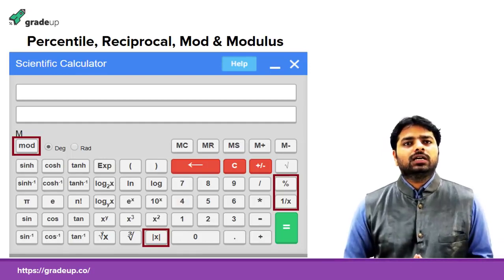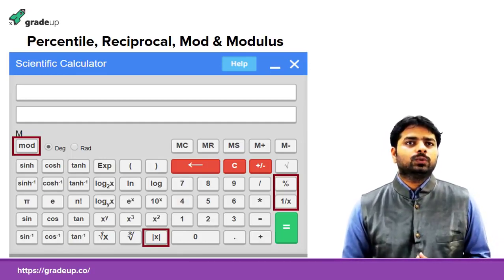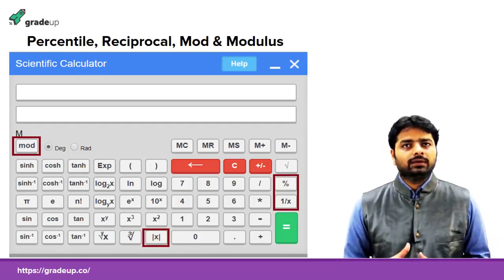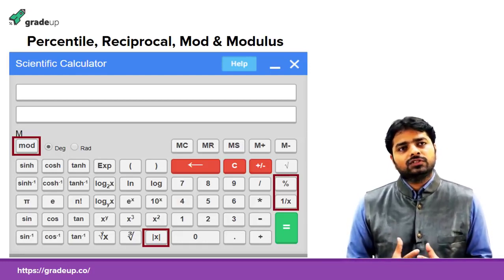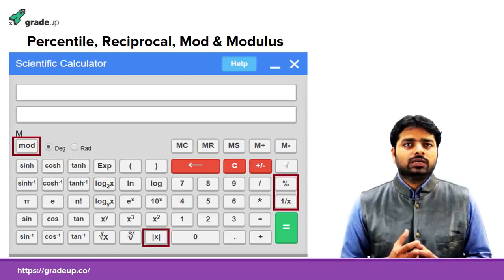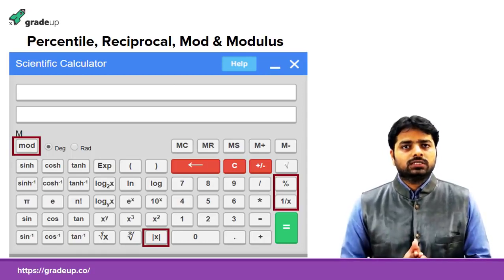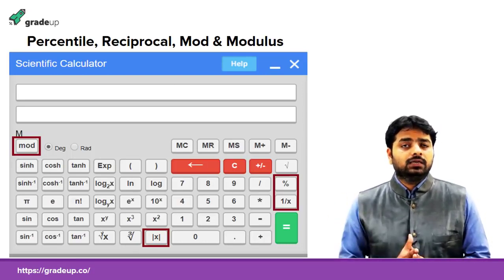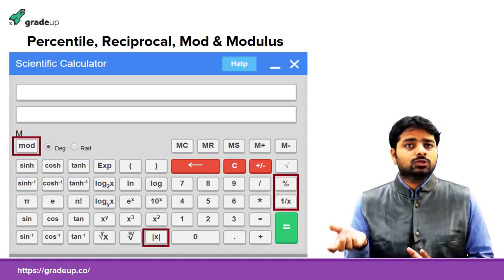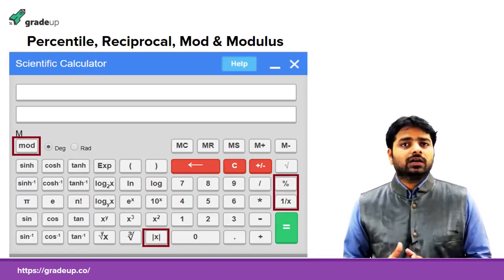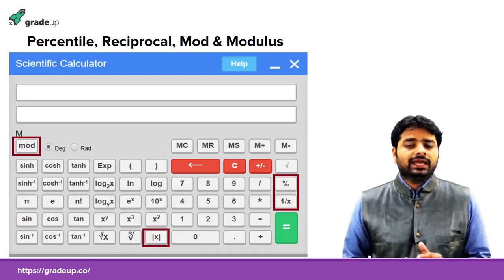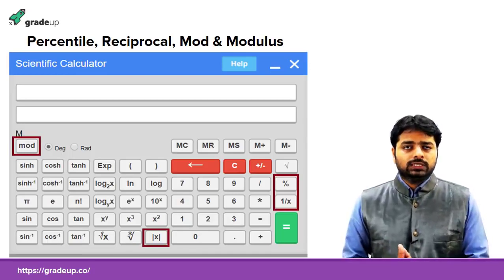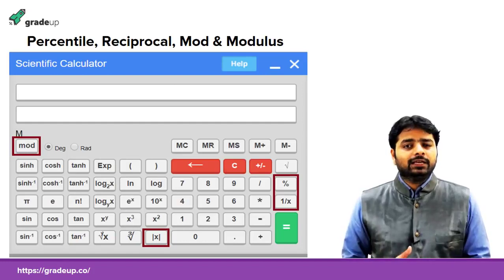The last important thing is you need to know percentile, reciprocal, mod, and modulus. Many people are confused about mod and modulus, so understand what mod and modulus are, and also percentile. The percentile operator looks like mod, but it calculates differently. Mod is like a division: 5 mod 2 gives you the remainder 1.